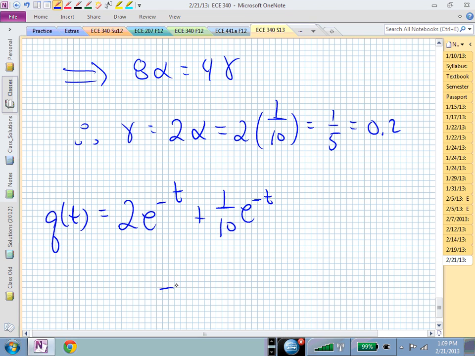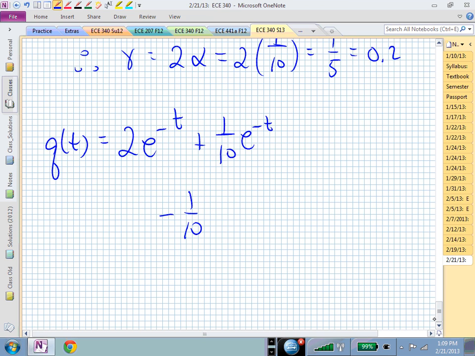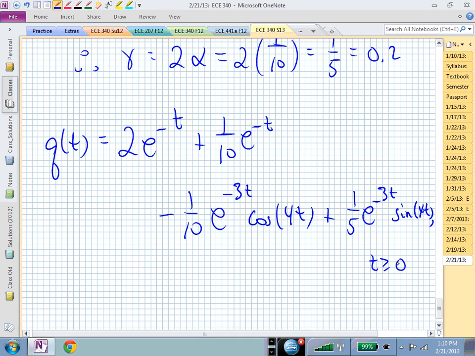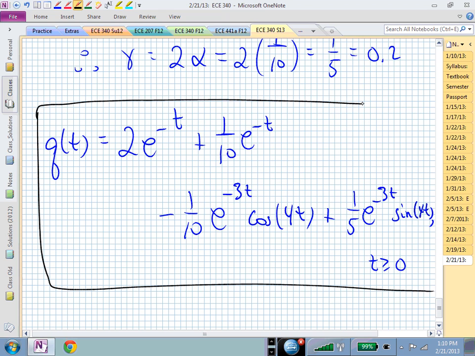Then I had a minus 1/10, or beta, e to the minus 3t cosine of 4t, plus a 1/5, or a 0.2 e to the minus 3t sine of 4t, and all of that is for t greater than or equal to 0, and that's now my solution to my low-pass filter when that low-pass filter is hit with this exponentially damped cosine waveform.